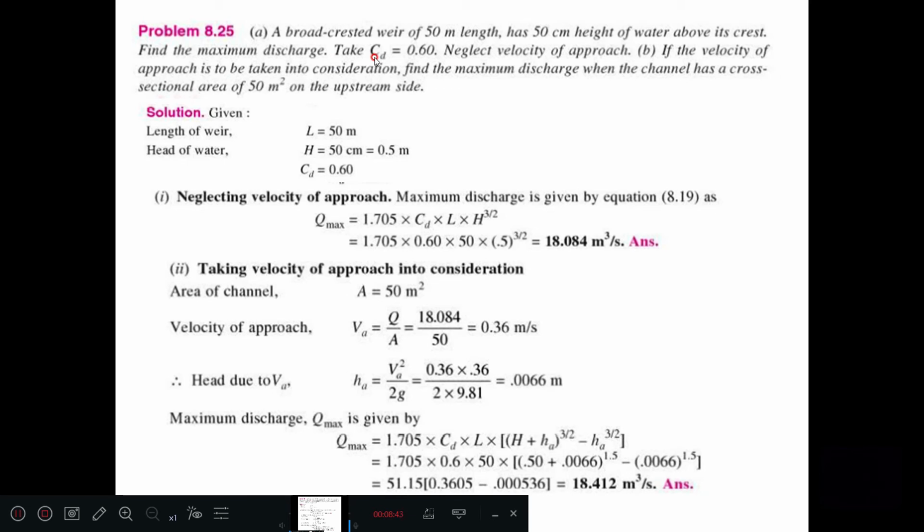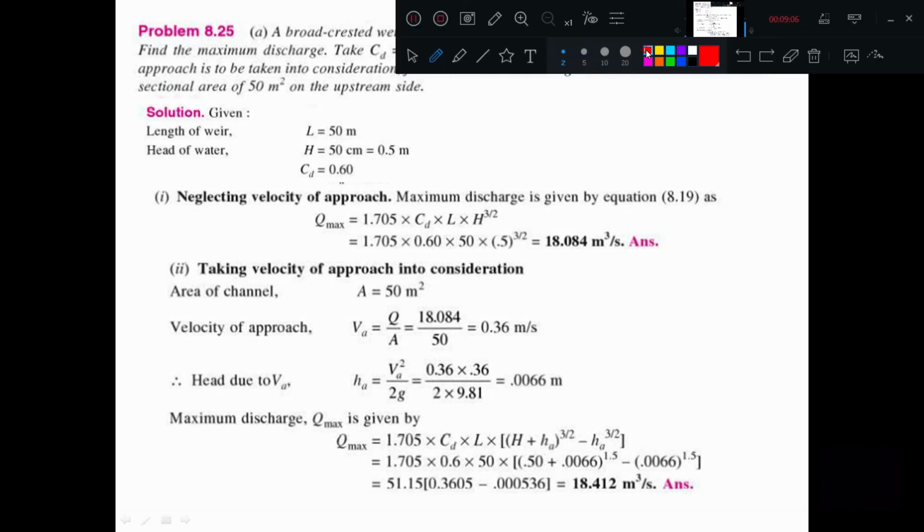Take CD as 0.6 and neglect the velocity of approach. If the velocity of approach is to be taken into consideration, find the maximum discharge when the channel has a cross-sectional area of 50 square meter on the upstream side. So this is the problem given.